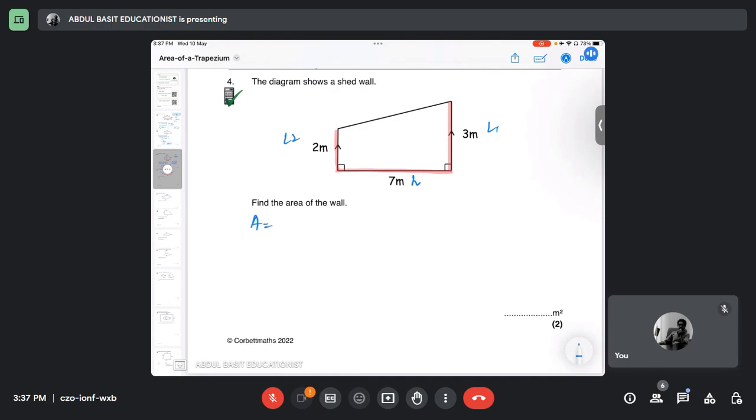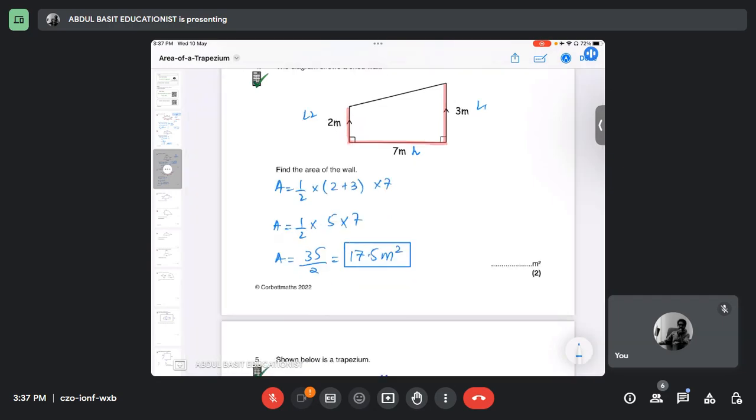So area is equal to half of L1 plus L2, which is 2 plus 3, and the height is 7. So area is equal to half of 2 plus 3, which is 5. 5 times 7 is 35. And 35 divided by 2 is 17.5 meter squares.